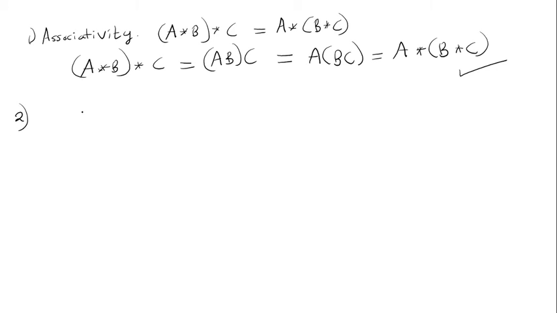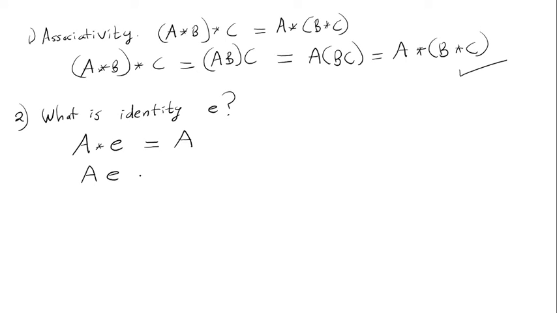Let's move into the proof of the existence of identity. So what is identity? Let's say E is the identity of this group. If E is the identity, what should happen if you do the star operation between A and E? You should end up at A. So according to my definition, this can be written as A times E equals A. And what will happen if I multiply both sides by A inverse?